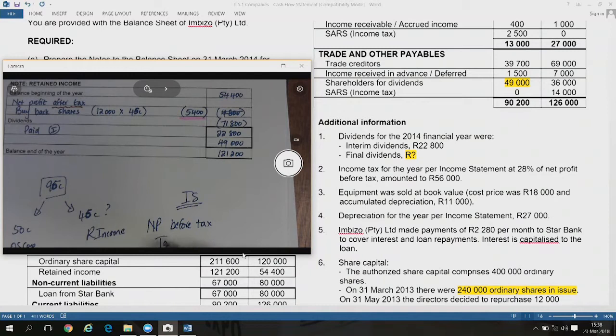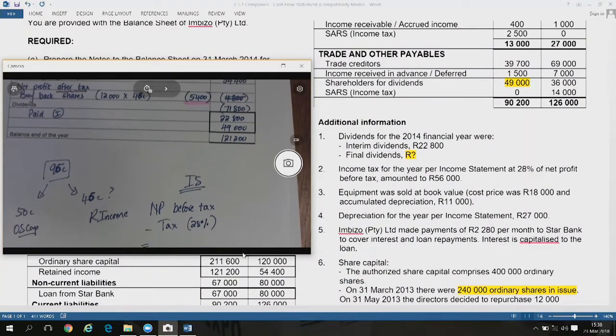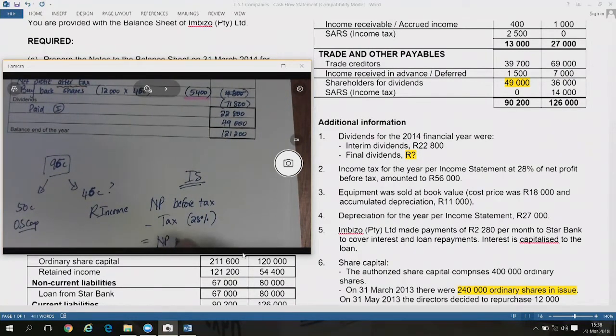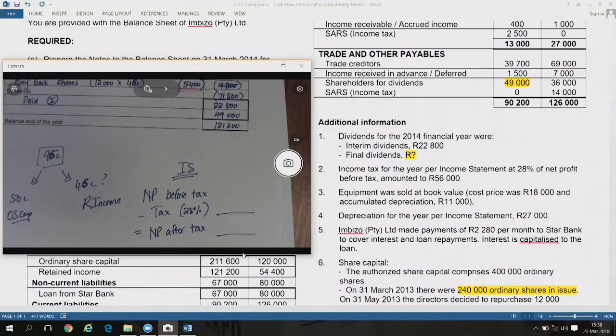Then you've got your tax there, which equals 28% of the above amount. You minus that tax, and that gives you net profit after tax. Okay, are you with me? That is in your income statement. Now, the only thing that's given to us is the 56,000 rand, so only the income tax is given to us.